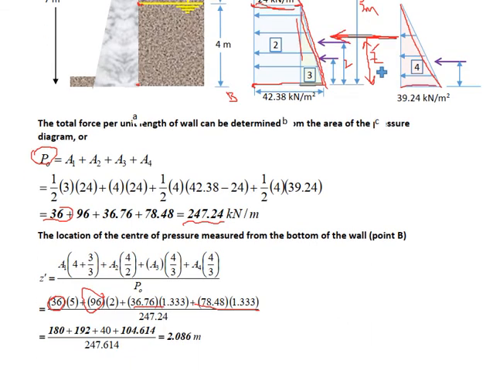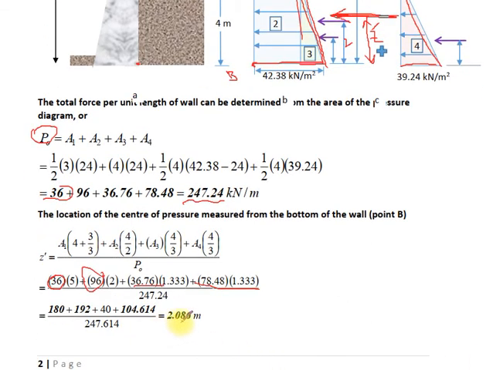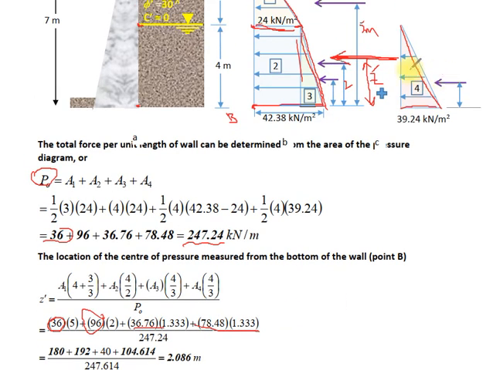Z dash will be equal to 2.086 meters. Therefore, the resultant acts at a distance equal to 2.086 meters from the bottom.